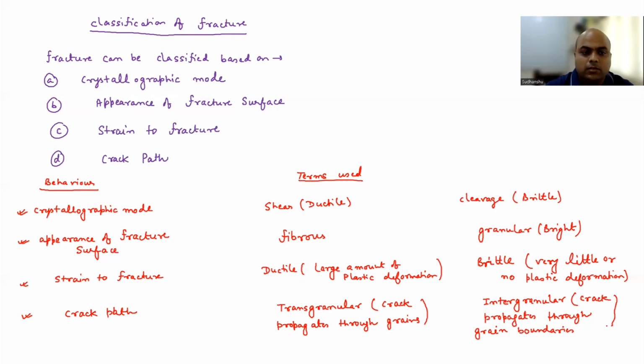Okay. So this is how we can classify the fracture. And I have taken this from the book of Dieter. So now let me make a schematic so that you can understand better what I mean by transgranular, intergranular, etc.